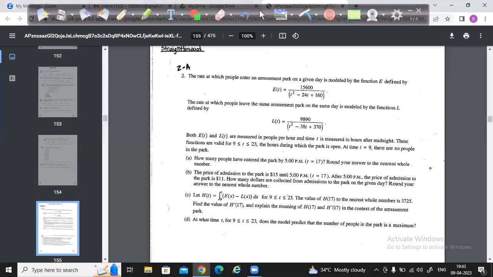How many people have entered the park by 5 p.m. is the question. Round your answer to the nearest whole number. So they're asking how many people have entered the park.